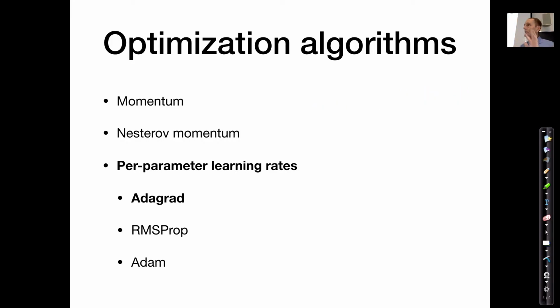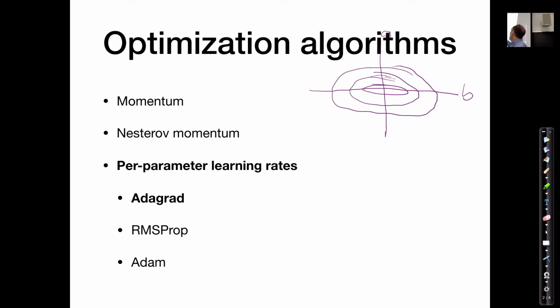So we're going to look instead at per parameter learning rates. We're going to look at, in this bowl case, a way where we could say we'll use large gradients for the horizontal axis and small gradients for the vertical axis. It's not what I mean. What I actually mean is large learning rate for the horizontal axis and small learning rate for the vertical axis, because we don't have control over the gradients.